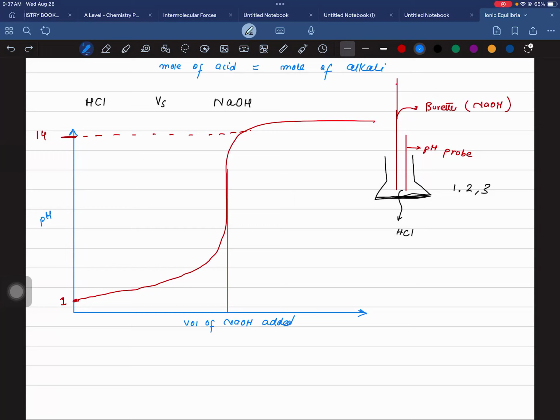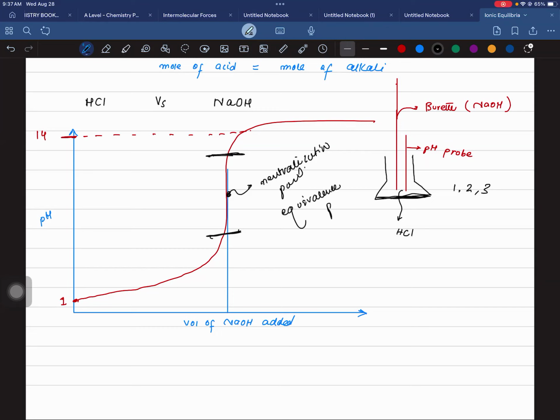See the straight line. The half of the straight line is the neutralization point, or you can say equivalence point.